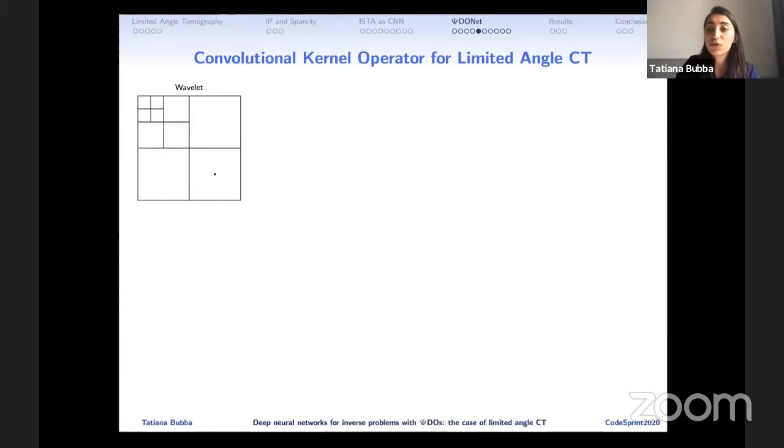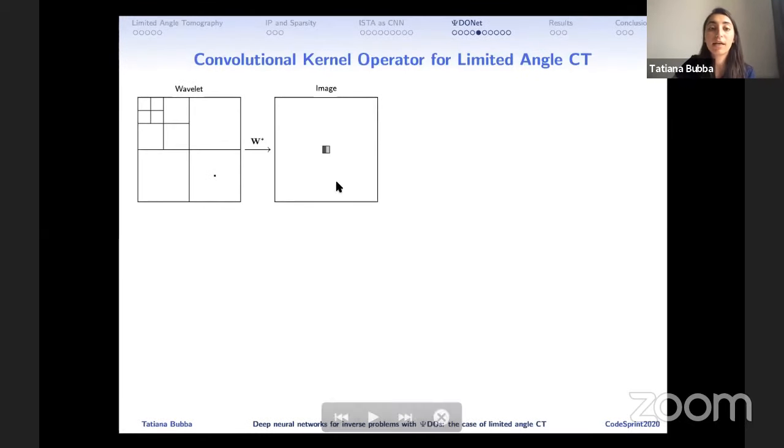Now, I told you before how we perform the convolution, upsampling and downsampling, but I did not tell you how to build the filters. So these building blocks K with J to J prime, T to T prime. And here is how we build them. So we start from an image which belongs to the wavelet domain, and we imagine that all the pixels are 0 except one activated pixel which is equal to 1.